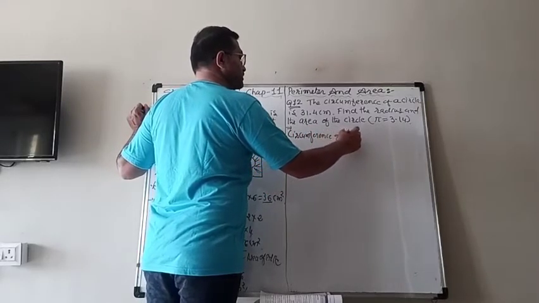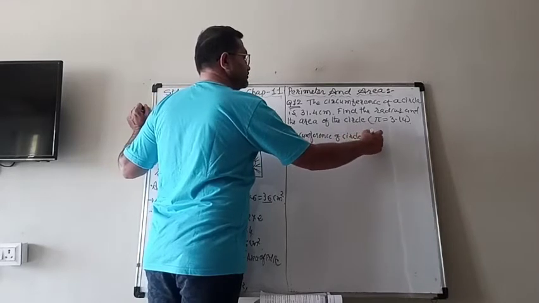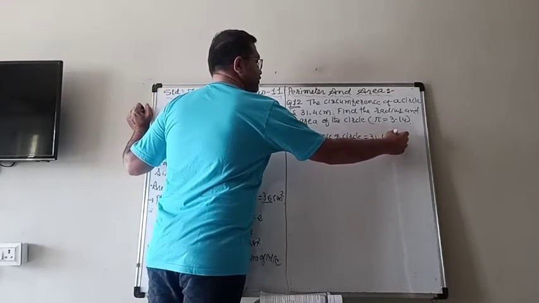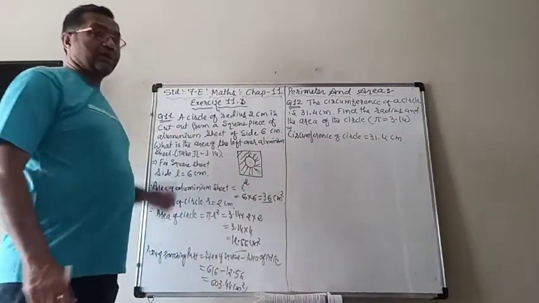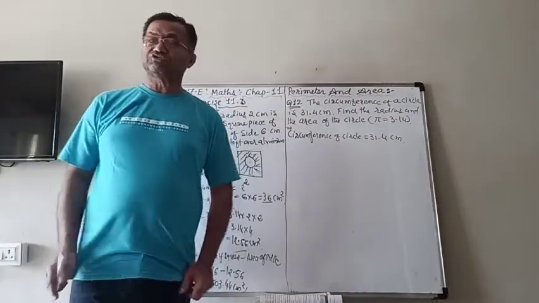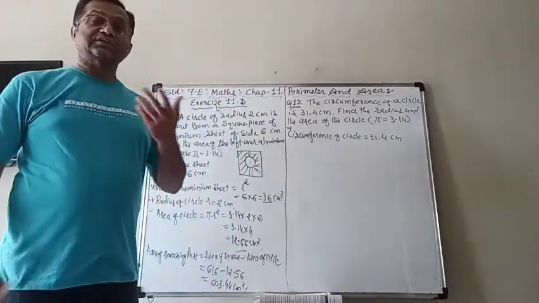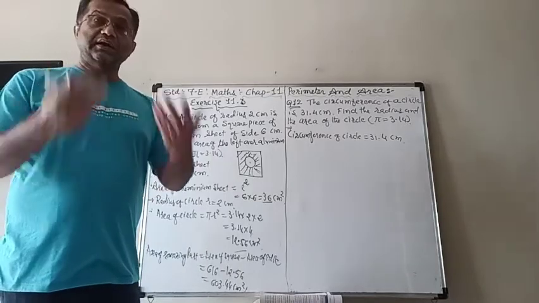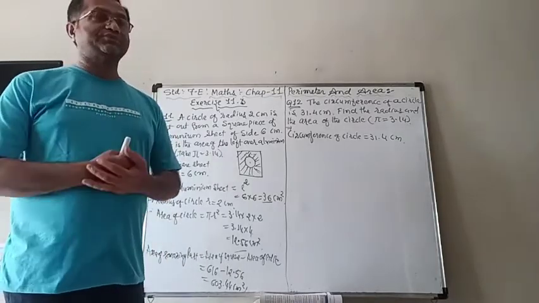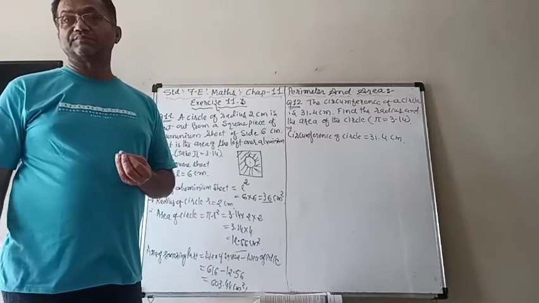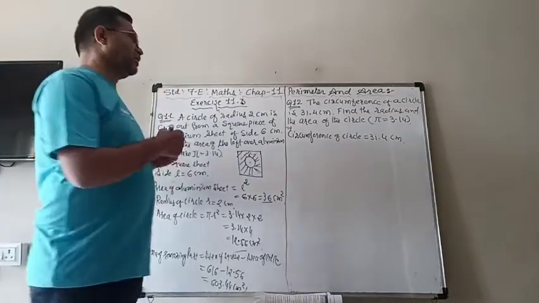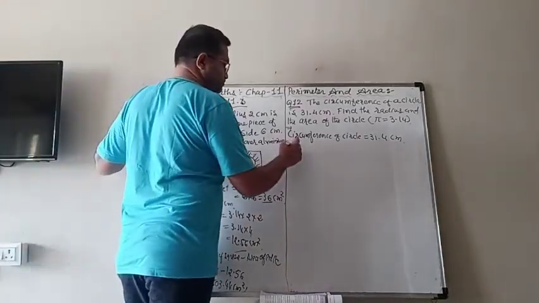Circumference of the circle is given as 31.4 centimeter. From the circumference first we have to find the radius, and from that radius we have to find the area of that same circle.